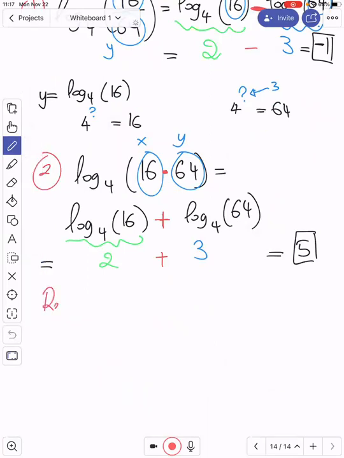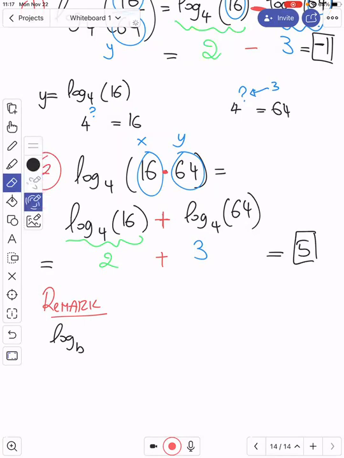If you have log in base a, sorry, of x plus y, then we don't have any formula for this.